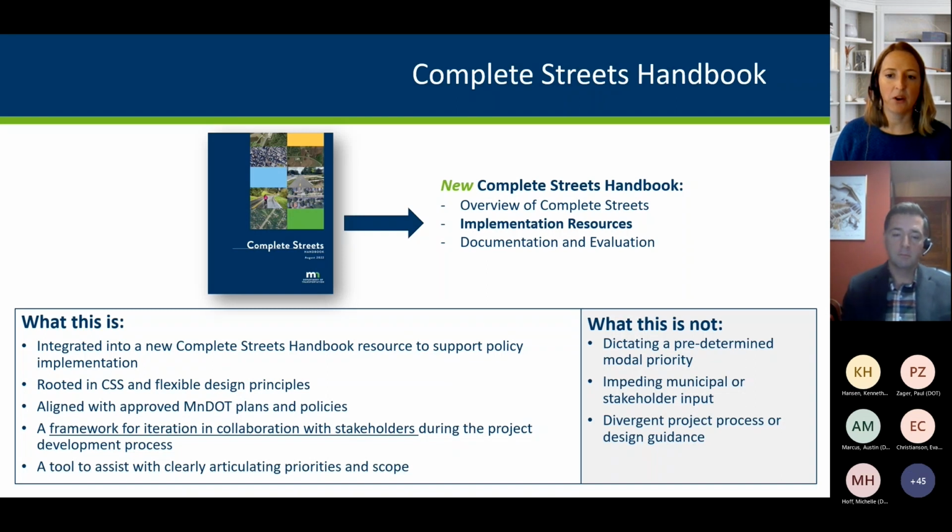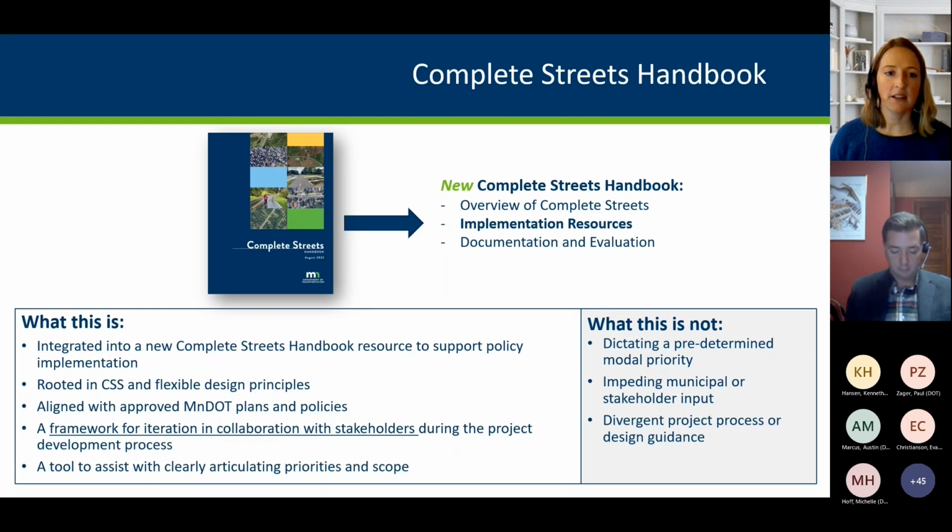So I mentioned that before we had a number of resources in different spots and it was hard for staff to know like what do I reference at which point. So this is really the one-stop shop. This is the new implementation resource for our staff, and partners and stakeholders can download this and look at it as well.